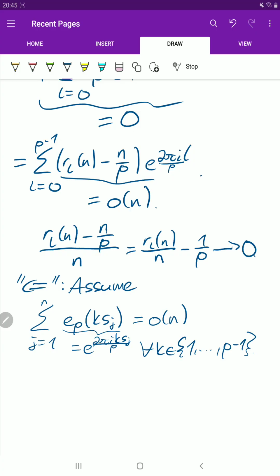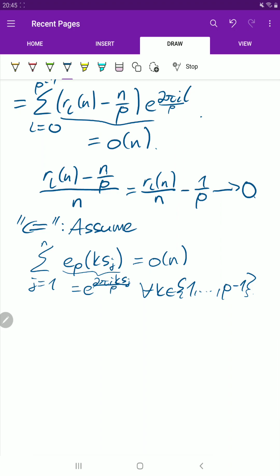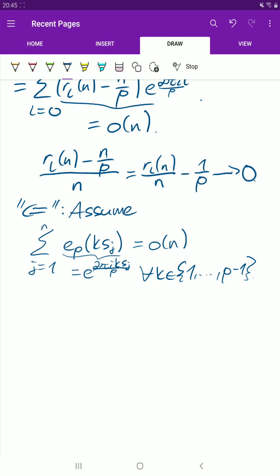Maybe also note for k equal to 0, of course, it can never be in small o of n, because then we sum ones again.